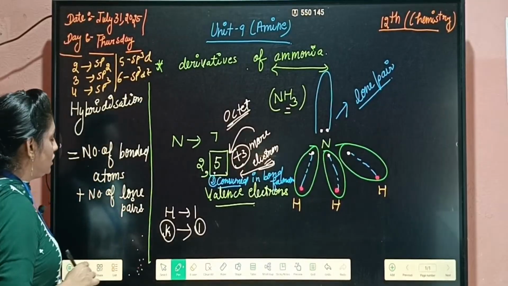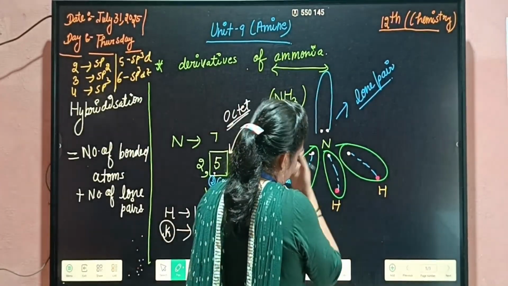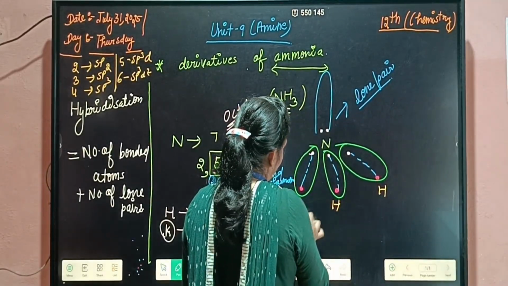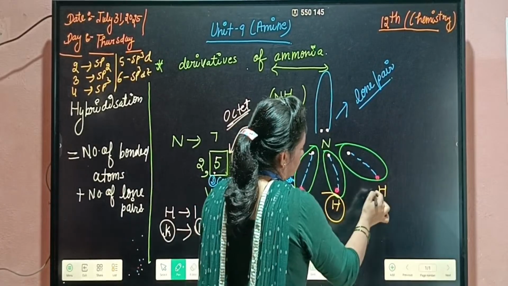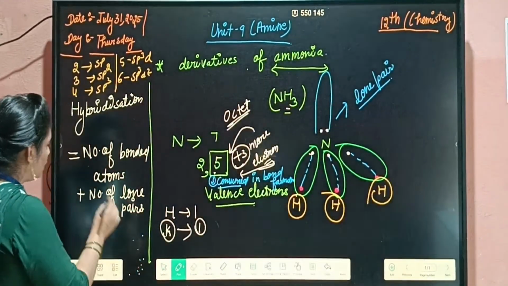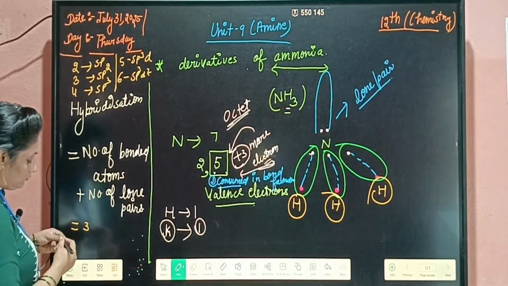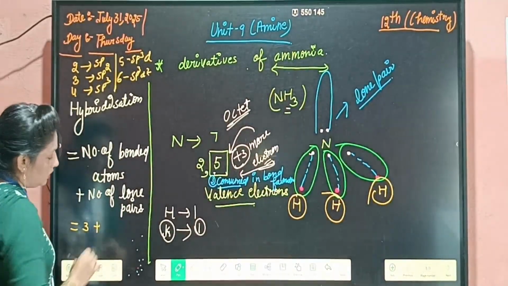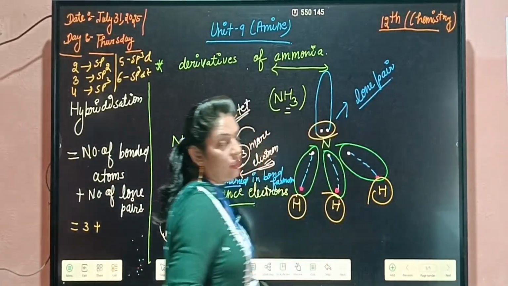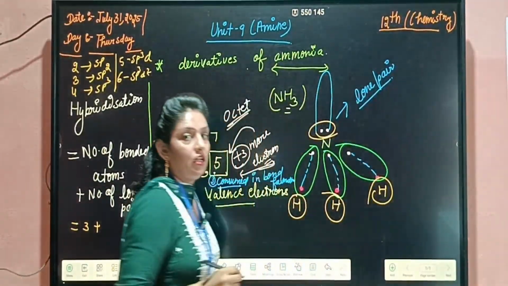In the case of ammonia, how many bonded atoms? Bonded atoms are 1, 2, 3: 3 hydrogen atoms. So bonded atoms are 3, plus lone pairs. How many lone pairs? Only this one pair, which is a non-bonded pair, so it is known as a lone pair.